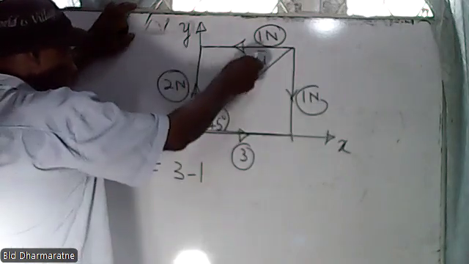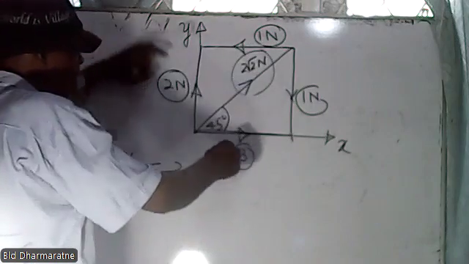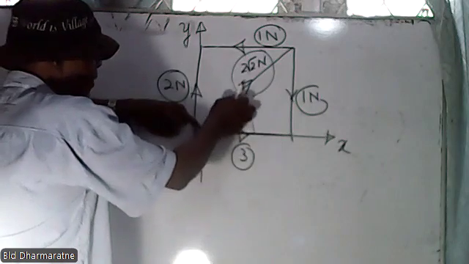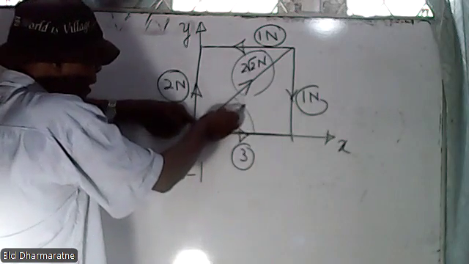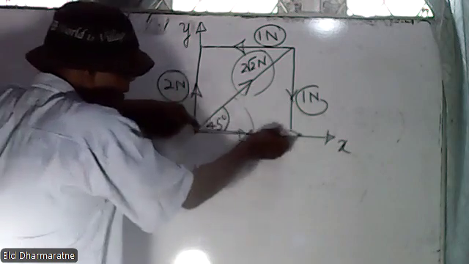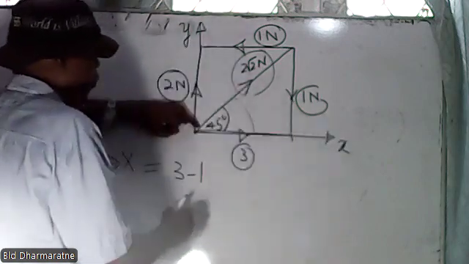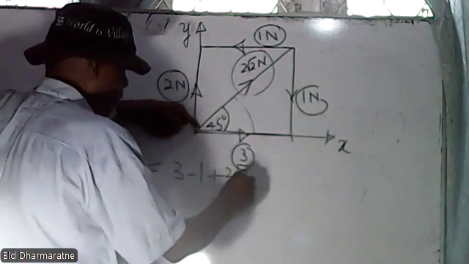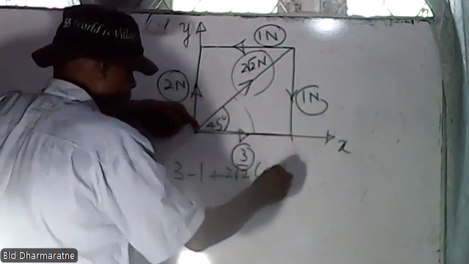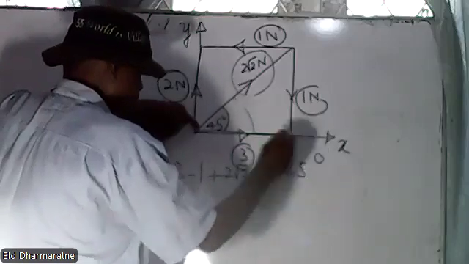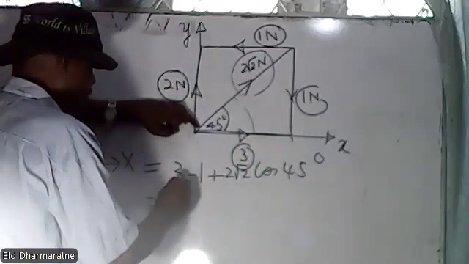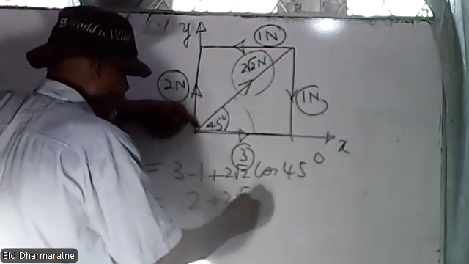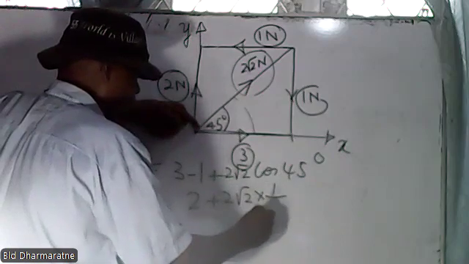Now this is the inclined force. Resolving it gives 2 root 2 cos 45, in this direction, positive. To calculate: 3 minus 1 is 2, plus 2 root 2 cos 45, and cos 45 is 1 over root 2.